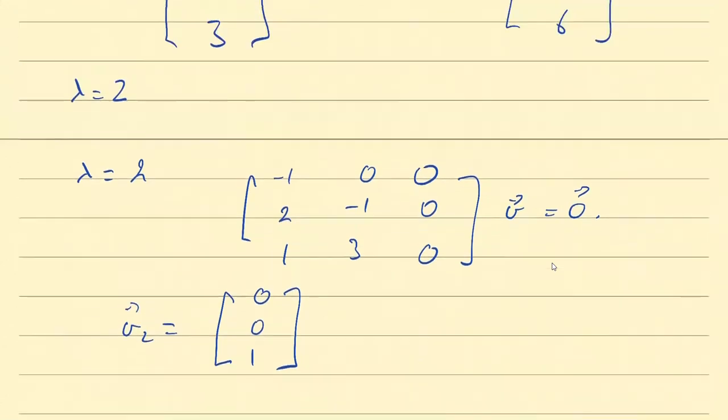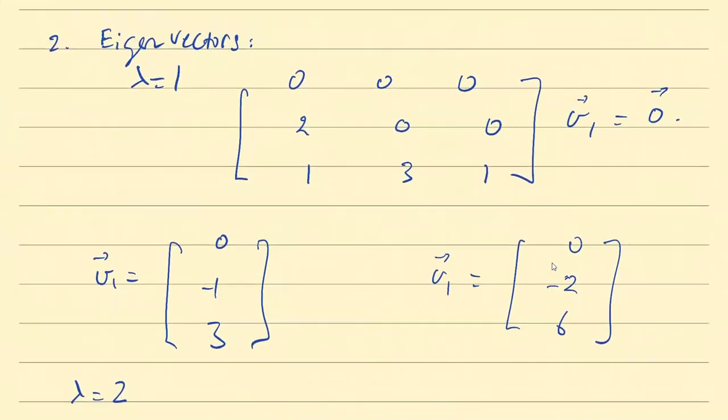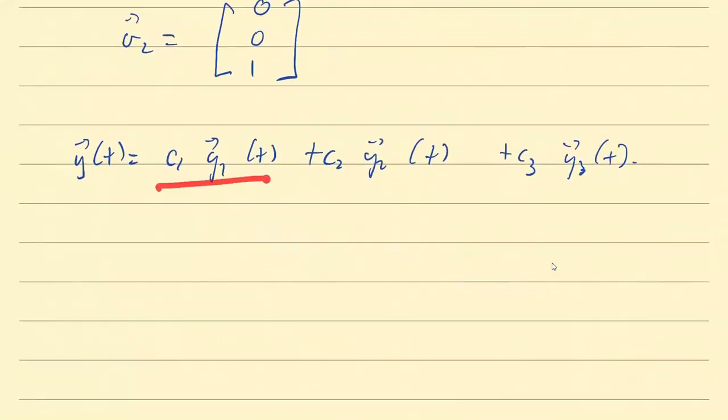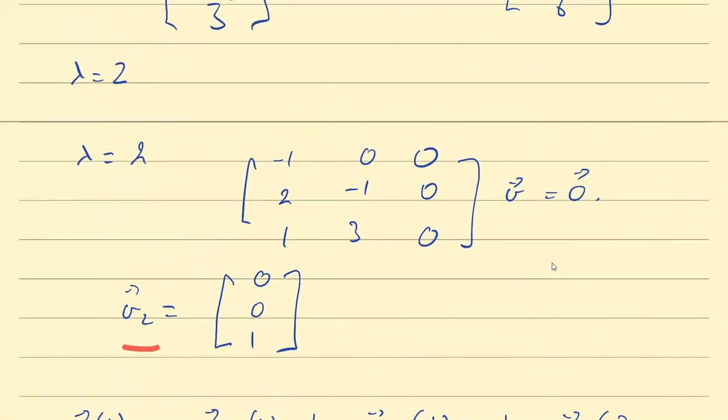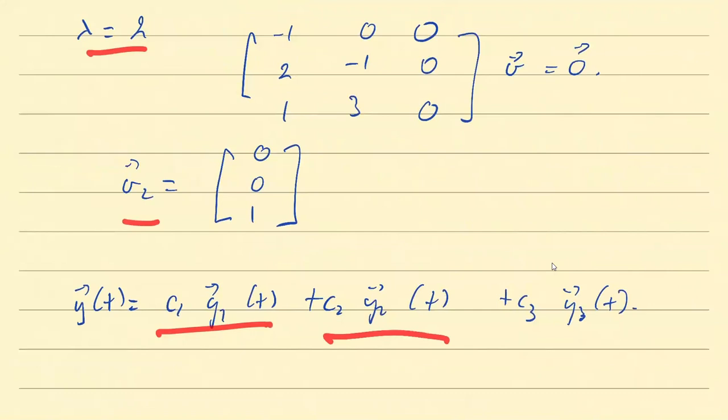But if you look at lambda equals 1, exactly because it's repeated, this is the degenerate case I was talking about. Because it's repeated, you're missing out on one eigenvector. So using this or using this doesn't matter, they're the same vector. That gives you C1y1, and using this and this gives you C2y2, but you don't have the C3y3.